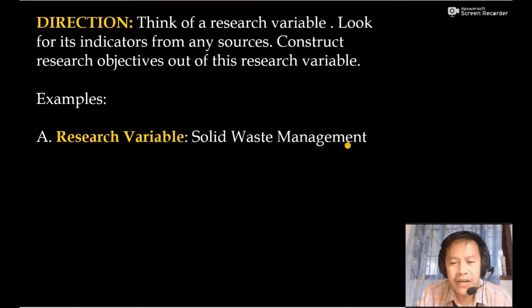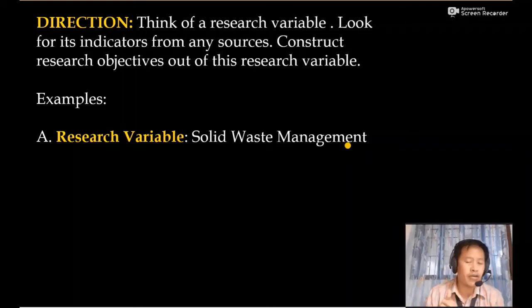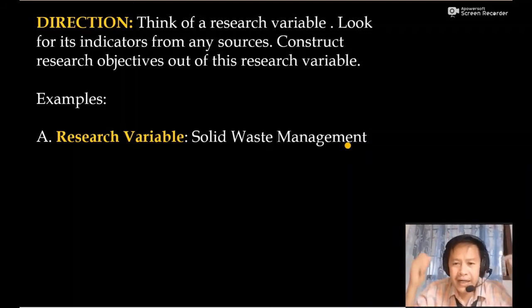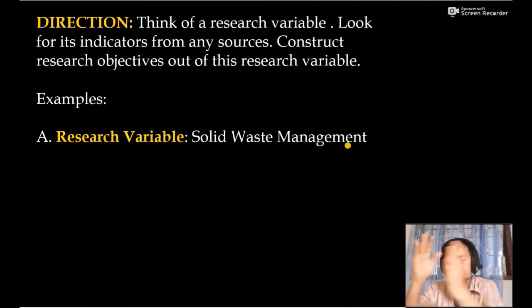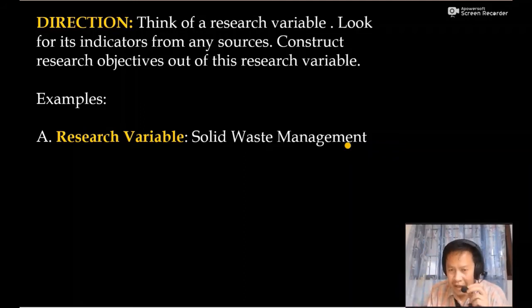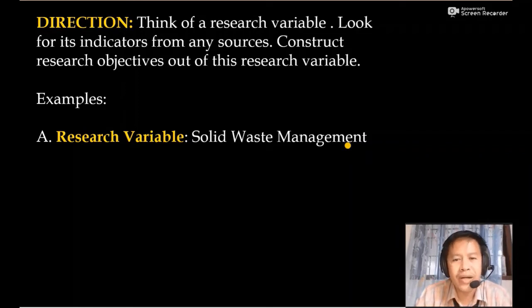While in quantitative research, the hypothesis is already generated by other researchers. What you need to do is to validate or conduct again this particular idea in order to give more findings related to this particular variable. And that is what you're going to do in conceptualizing your research problem.